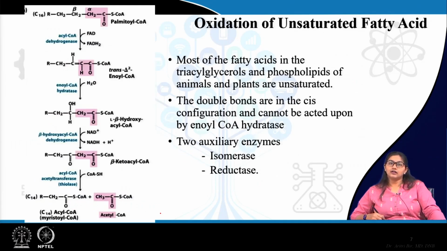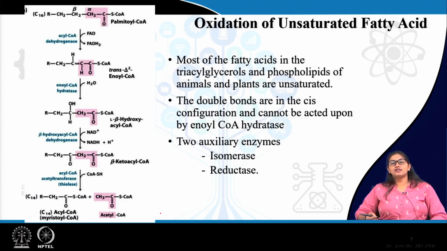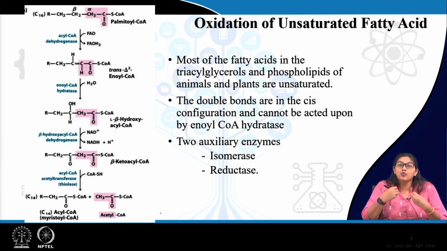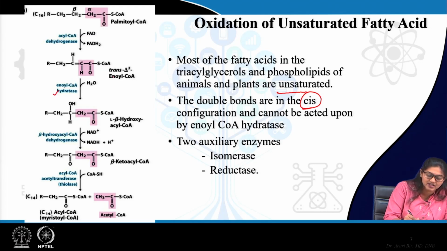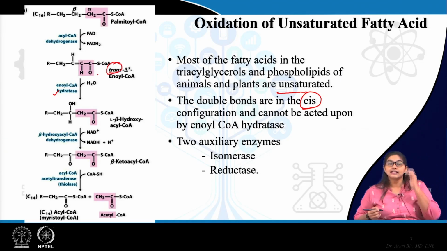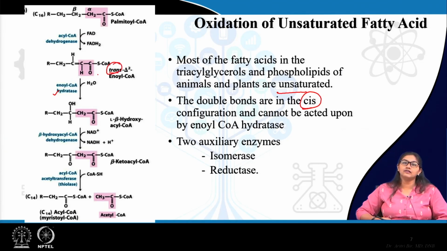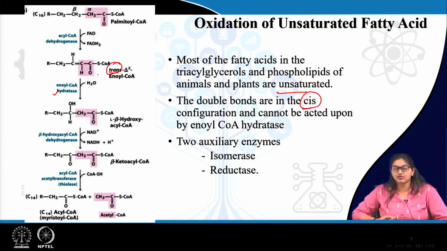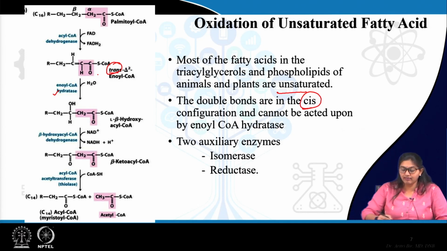Now, what we have discussed, palmitic acid or others, are saturated fatty acids, but most of the fatty acids which are generated from triacylglycerol or phospholipids are unsaturated, having double bonds, and those double bonds are in cis configuration. And remember, in beta oxidation, hydratase is specific for trans double bonds. So, the cis double bonds present in naturally occurring unsaturated fatty acids cannot be acted upon by hydratase.